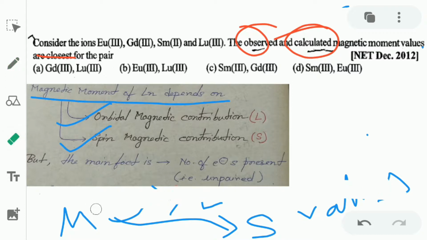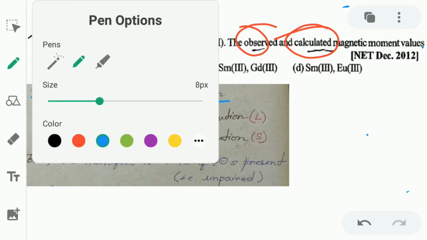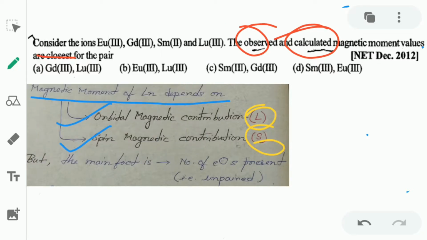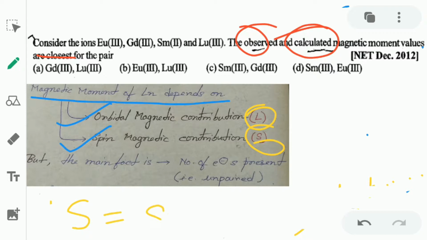We have to consider both orbital angular momentum and spin angular momentum, that is L and S, where capital L is the summation of L1 plus L2 plus L3 plus L4 and so on, and capital S is the summation of S1 plus S2 plus S3 plus S4 and so on.